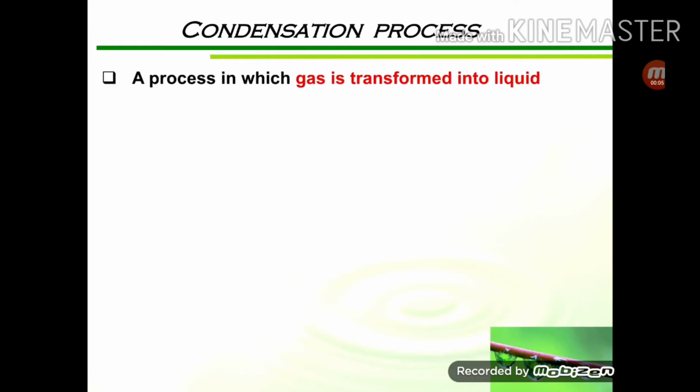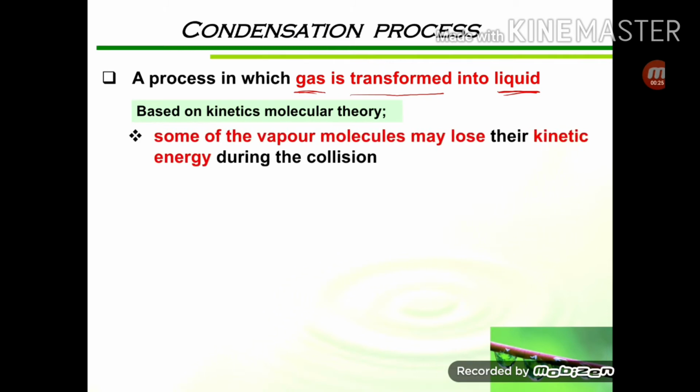Condensation process. Condensation process is a process in which gas is transformed into liquid. So, condensation process is the process reverse from vaporization. Based on kinetic molecular theory, some of the vapor molecules may lose their kinetic energy during collision.